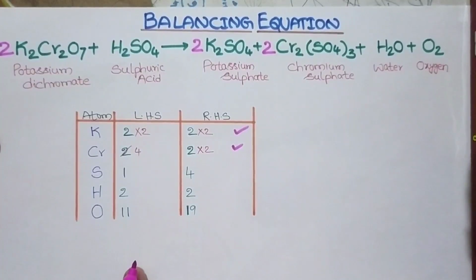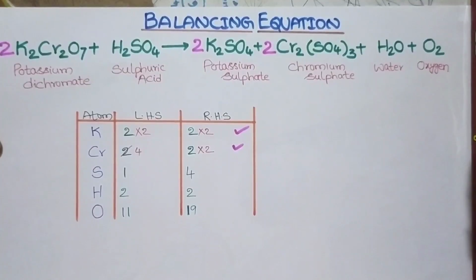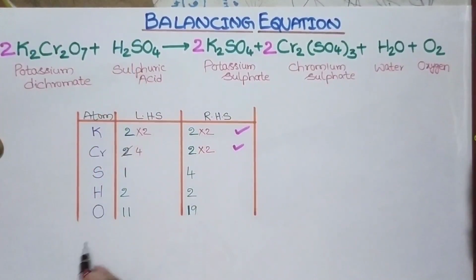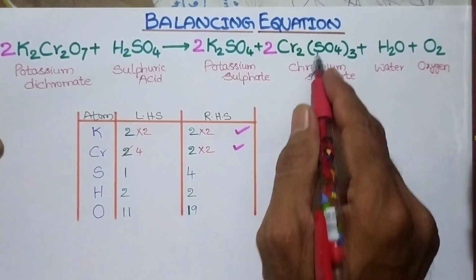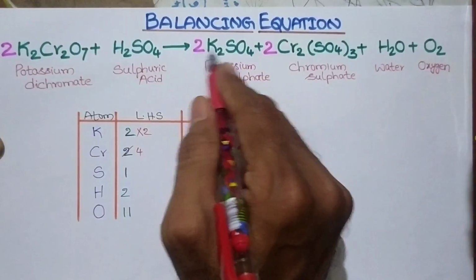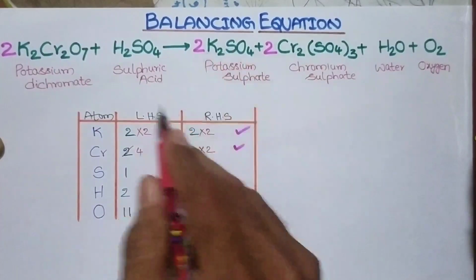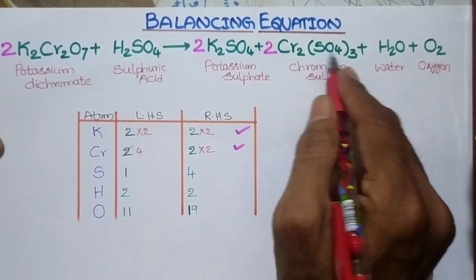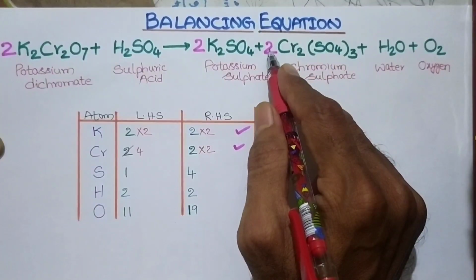Now this is the turn for sulfur. Let us see here sulfur, let us count. Left side only 1, right side here 4 are there. Right side 2 1s are 2 plus here 3 2s are 6.